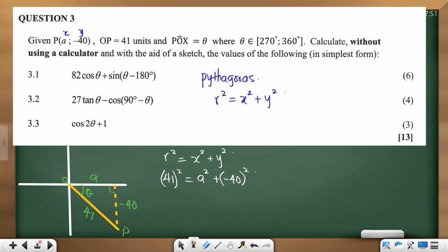Do you know that? Let's not use a calculator. Some of you are still going to use it for MBT. So this is 41 squared minus negative 40 squared. Are you aware that negative 40 squared is the same as 40 squared? So this is basically 41 squared minus 40 squared equals A squared.